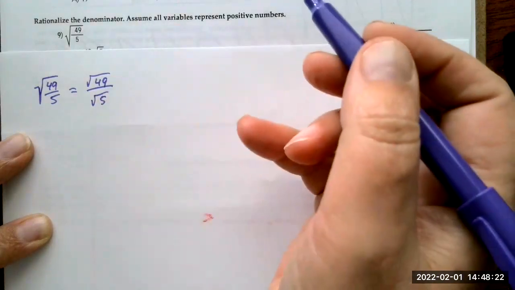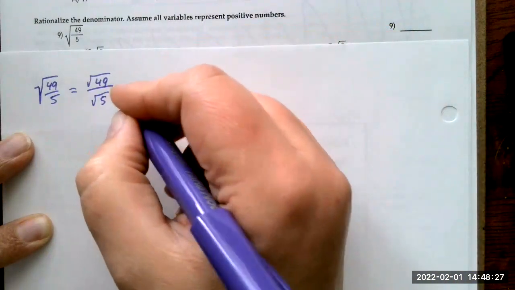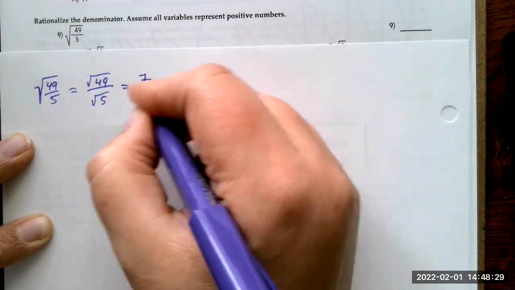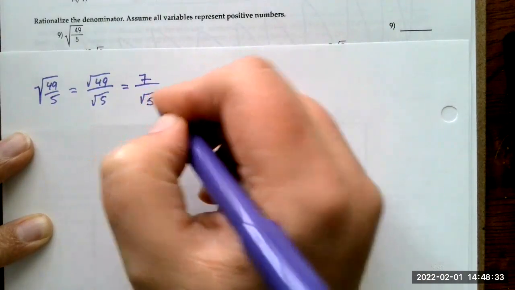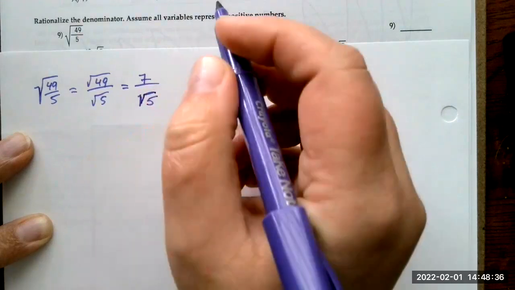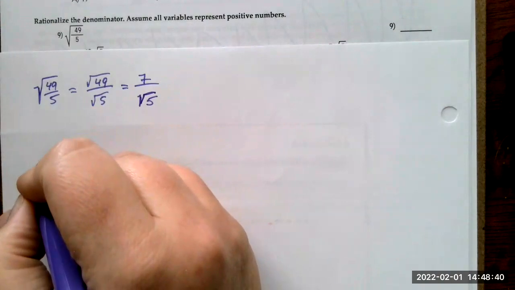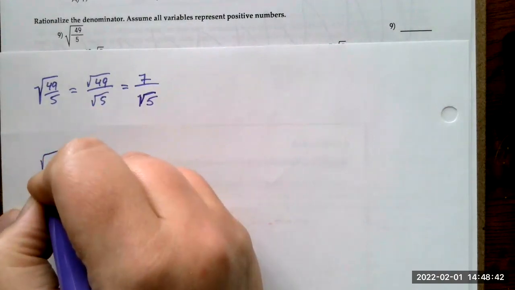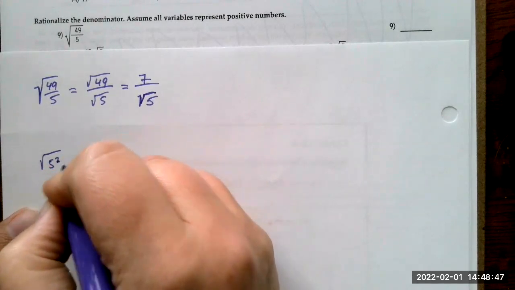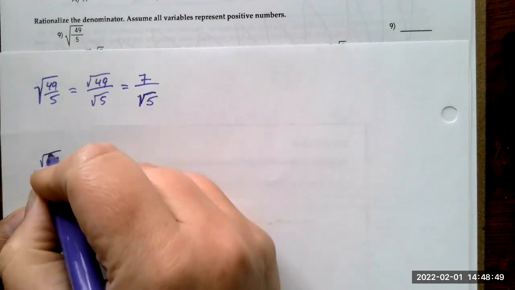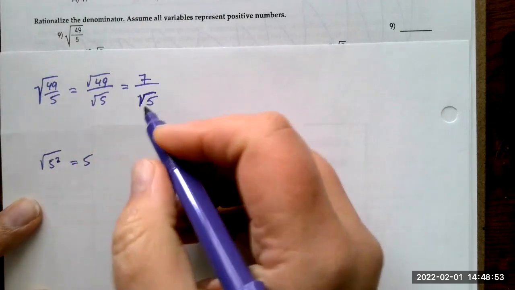Now 49 is a perfect square, right? So we can square root it nicely. Again, remember it's positive 7, but what to do with square root of 5? Well, if we had square root of 5 squared, that would give us just 5 because the root cancels out the square.